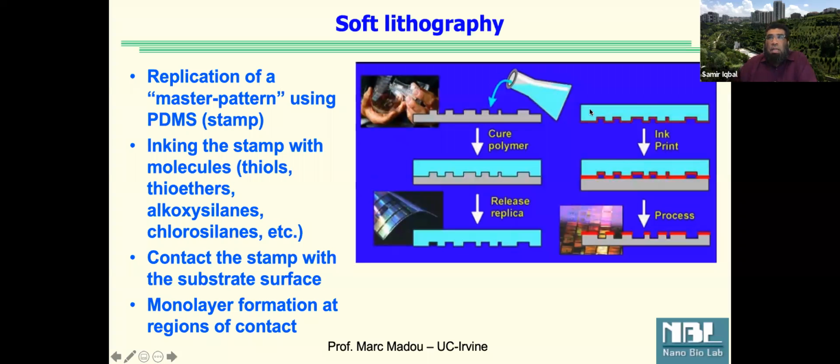So here the blue thing is now the stamp. You dip it in this red ink and you use that to transfer the pattern on a surface. So just a simple idea of using it as a stamp. Instead of using light or instead of using scratches, you take the idea of stamping the design on a surface.